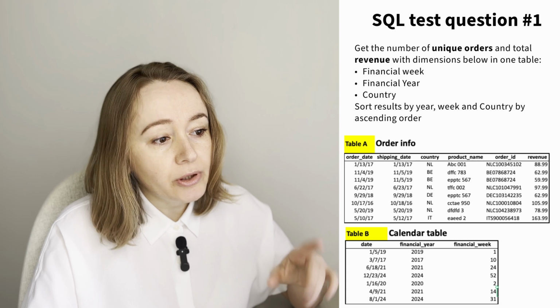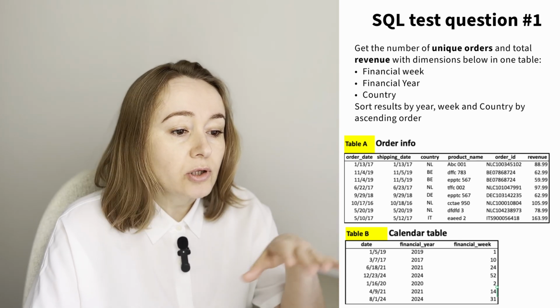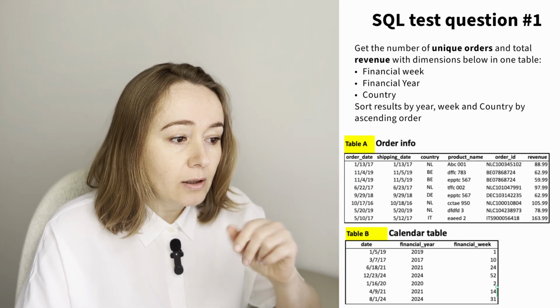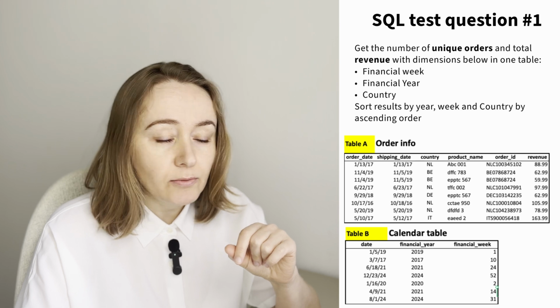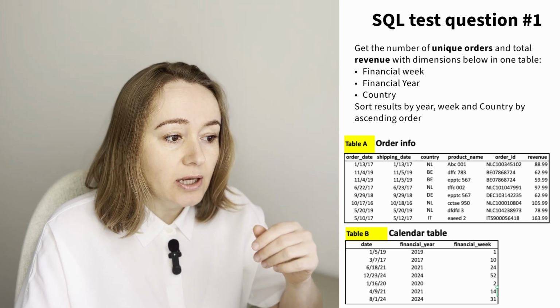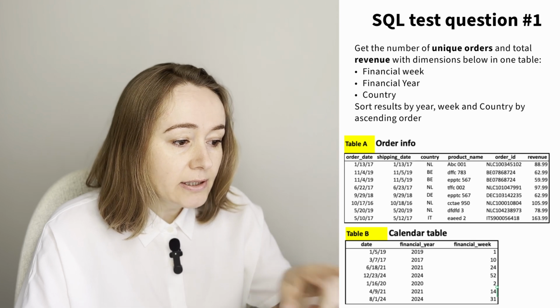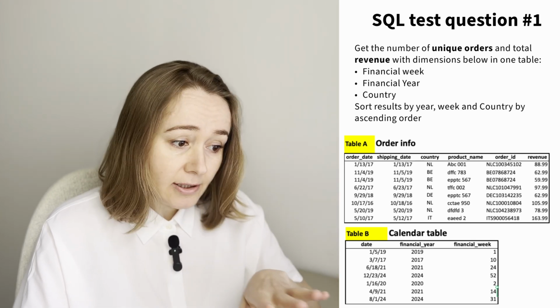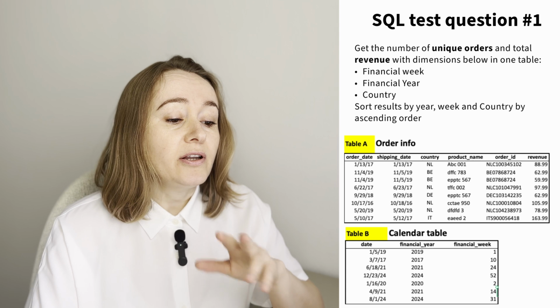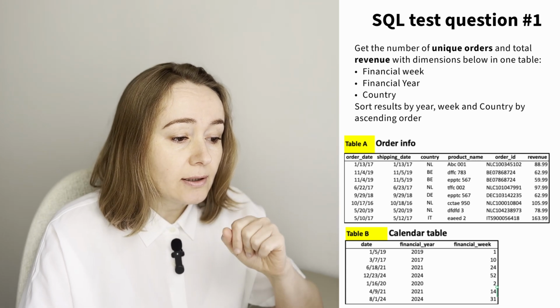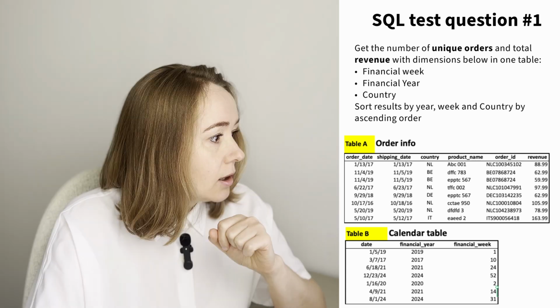Table A has the order information, and you can see some examples of the data in this table. And then table B is a calendar table, where we have date, financial year, and financial week, basically all the date information.